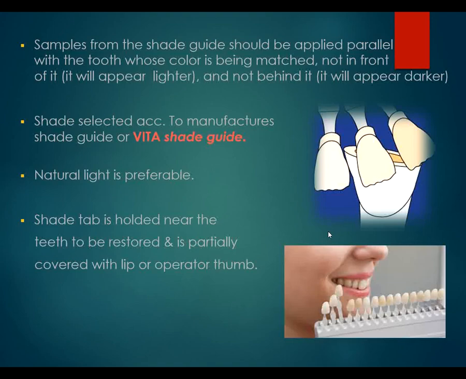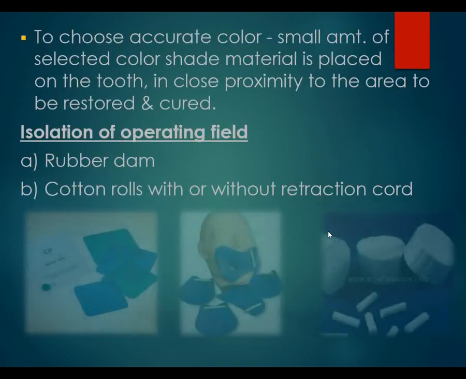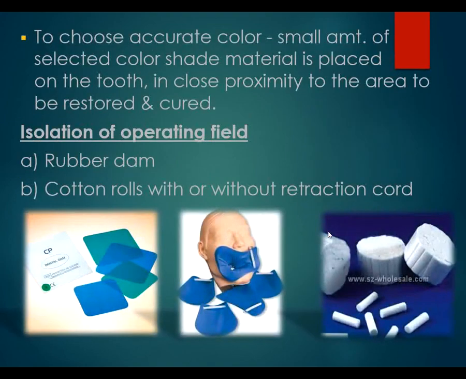The shade tab is held near the teeth to be restored and is partially covered with the lip or the operator's thumb. To choose an accurate color, a small amount of the selected shade material is placed on the tooth in close proximity to the area to be restored and cured.